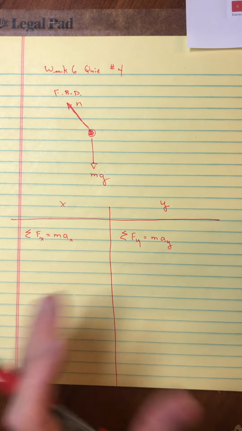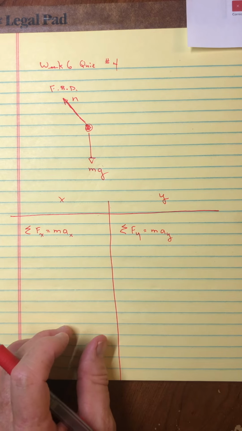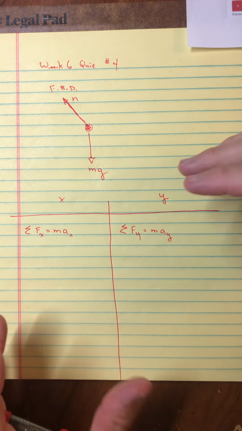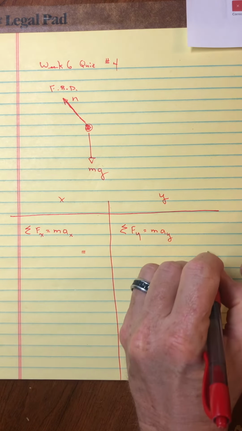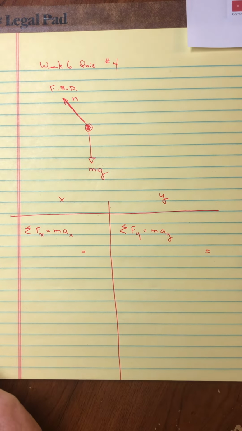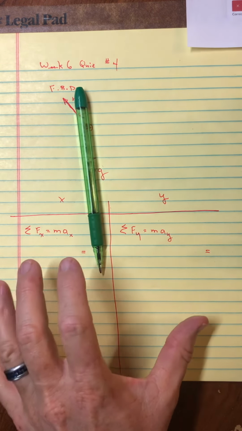And so this is, right now, Newton's second law of motion. Now, my highly recommended hint here is to set up a grid. And so I'll do that in green.